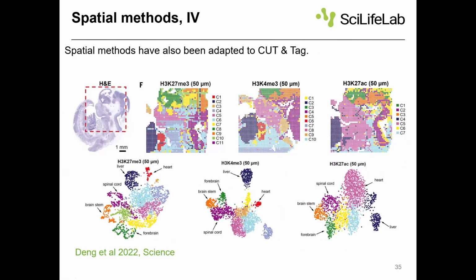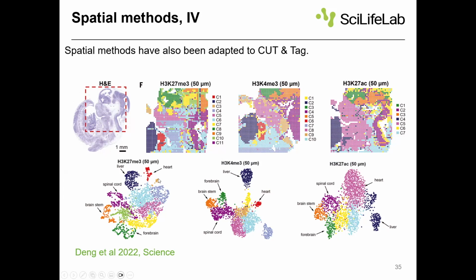And they have also managed to adapt this to CUT&Tag. So then you can measure how a specific protein interacts with the chromatin separately for each little box, each little region in the tissue section. Here you have histone 3, lysine 27 trimethylation, and each box here is a small region of the tissue, corresponding to each dot here, and you can tell different regions apart.